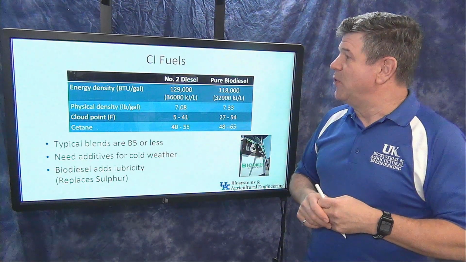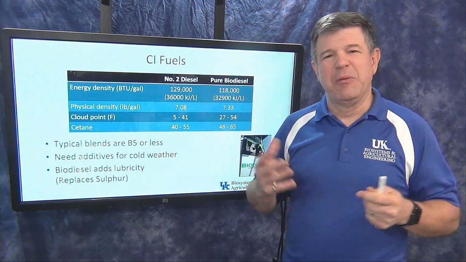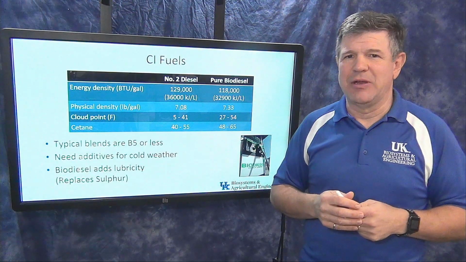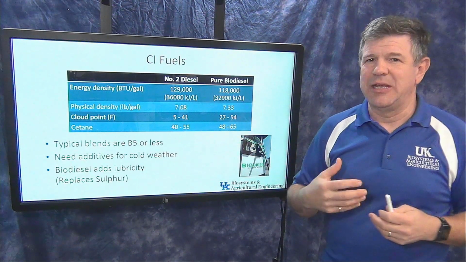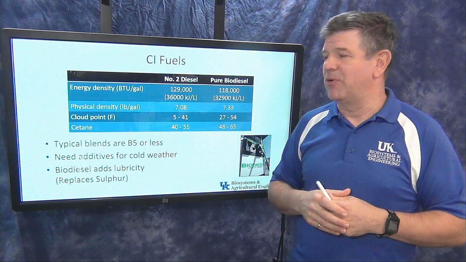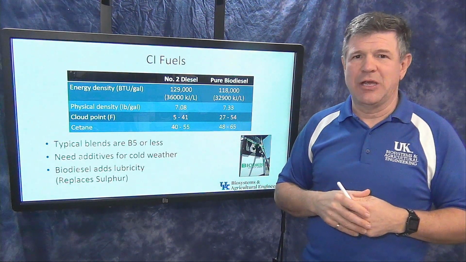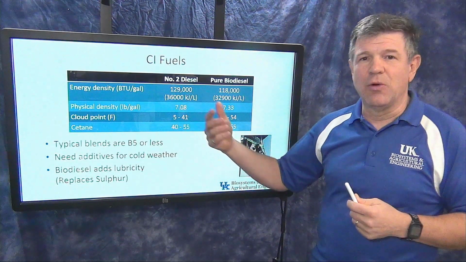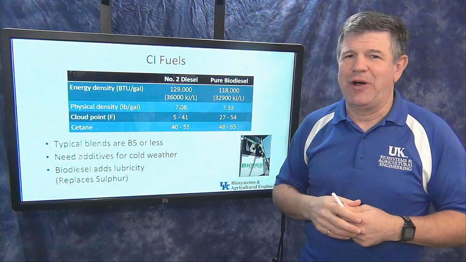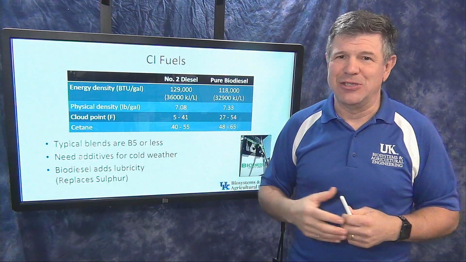Compression ignition fuels, typically basically two different things that we put in there. Now, we do blend some other stuff into these fuels like kerosene and things like that. A lot of that is for temperature compensation. I'll mention that in a second. But typically, it's number 2 diesel fuel that we buy. What you find actually is there's a lot of variations in diesel supply.